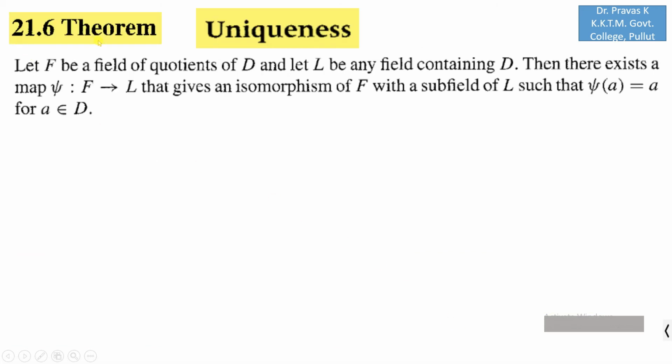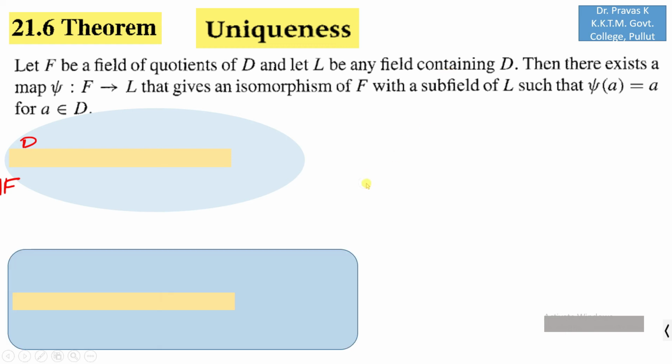Now this is the uniqueness theorem. So let capital F be a field of quotients of capital D. So we have the field capital F and capital D, which is the integral domain, and it is contained in capital F. And let L be any field containing capital D. So we have L and D available to us.